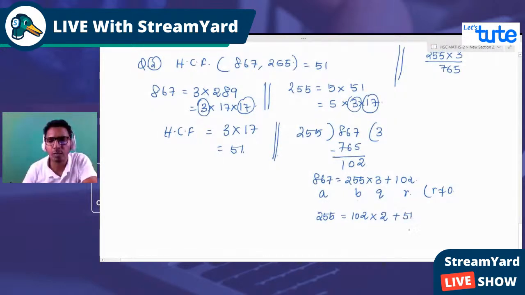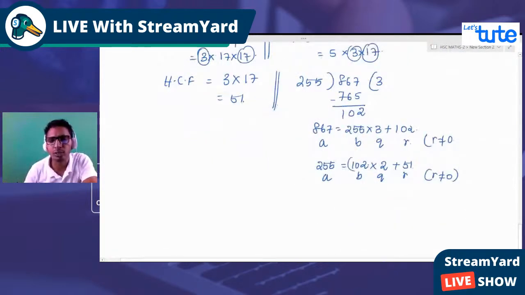R is non-zero again, so we use this B as new A and R as new B. New Q would be 51 multiplied by 2, which is 102, so the remainder would be 0.